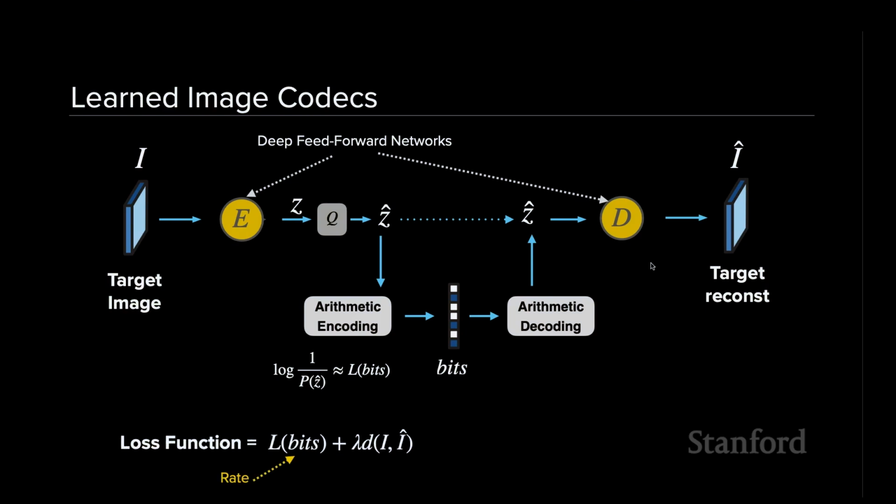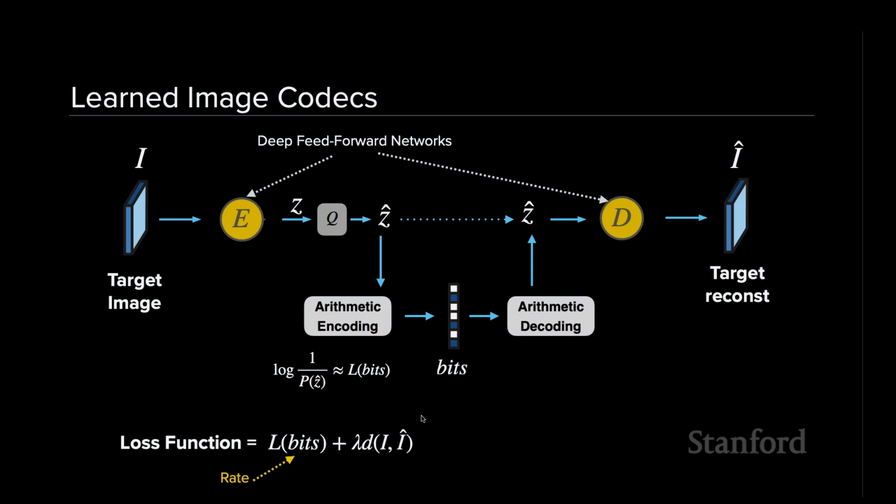One obvious loss function, which is what we started out to do, is the rate distortion loss function. So what we want to do is minimize rate. And this is just the Lagrangian formulation. Lambda is just a positive constant. When you are trying to optimize 2 variables, you can use this lambda to trade off rate with distortion. One thing you want to minimize is the distortion between I and I hat.